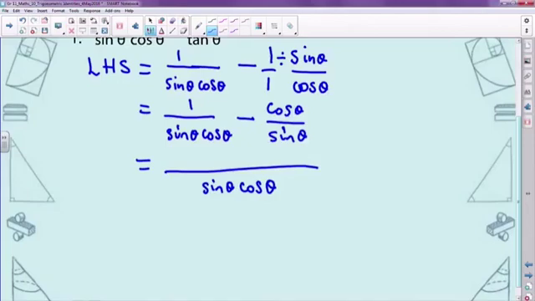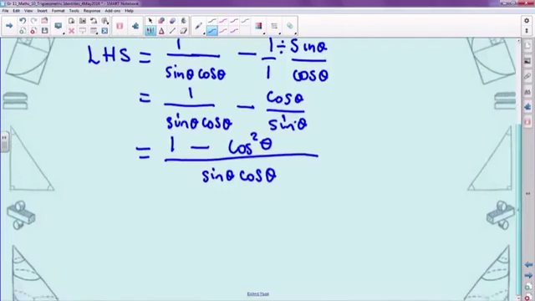And then remember, when we are working with the fractions, you're saying that sine theta cos theta divided by sine theta cos theta gives us a 1, and then that 1 multiplied by that 1, we get 1 minus sine theta cos theta divided by sine theta, we get cos theta, and that cos theta we multiply by that cos theta, which gives us cos squared theta.